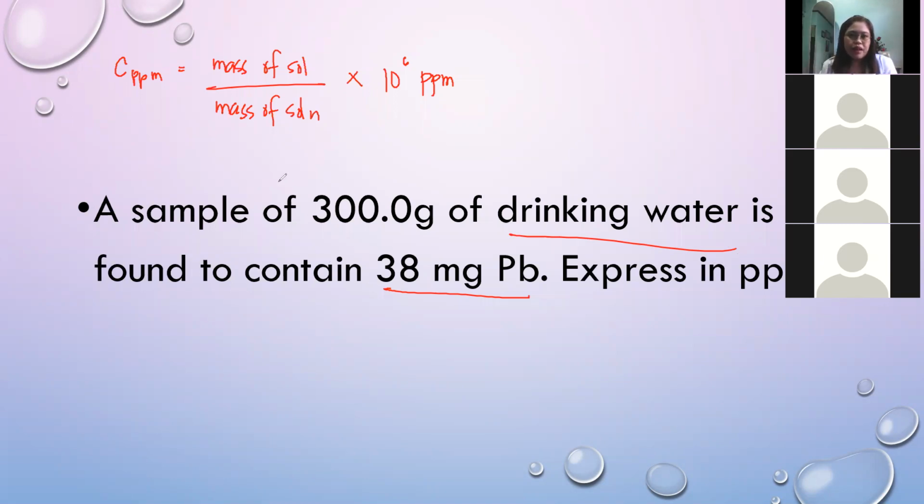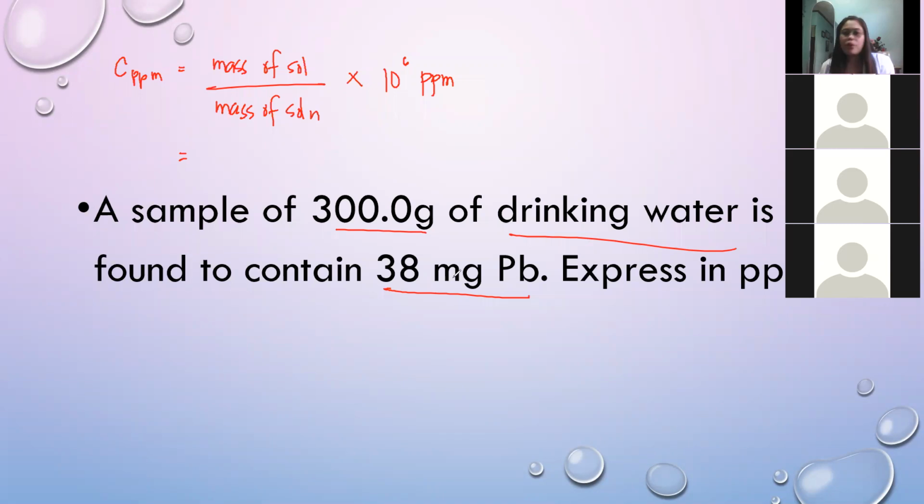So the mass of solute is 38 milligrams and the solution is 300 grams. But take note, class, they do not have the same unit. If the units are not the same, you cannot compute directly. You have to ensure they have the same unit so they can cancel later on.